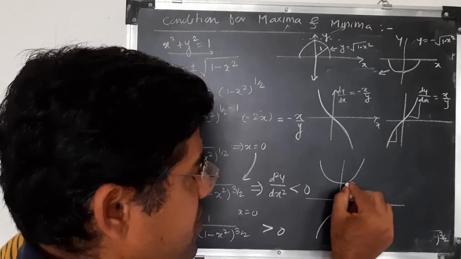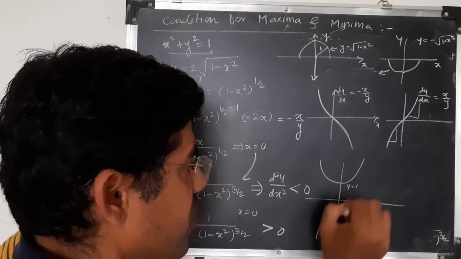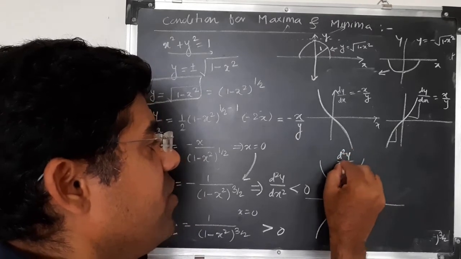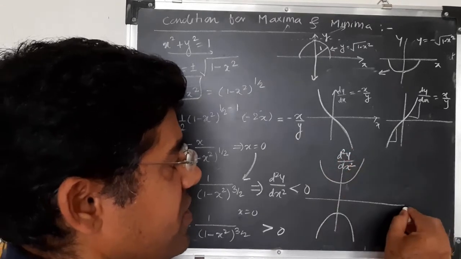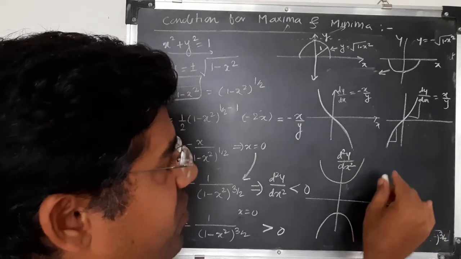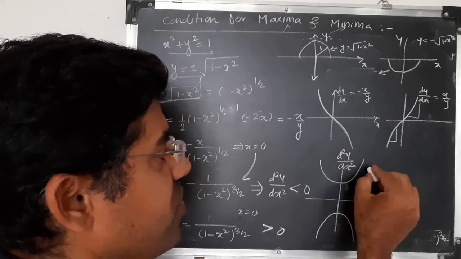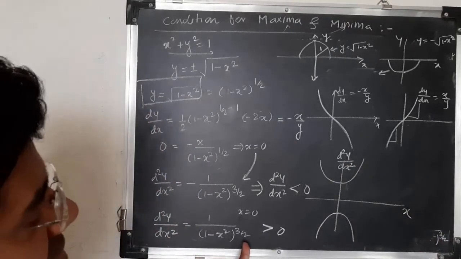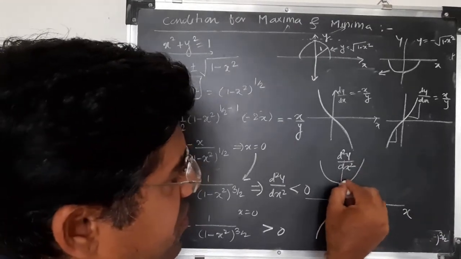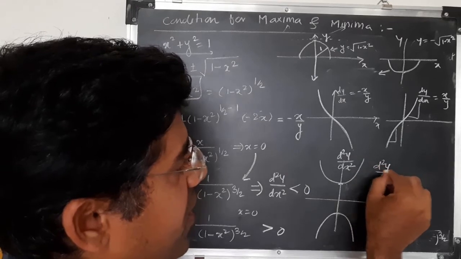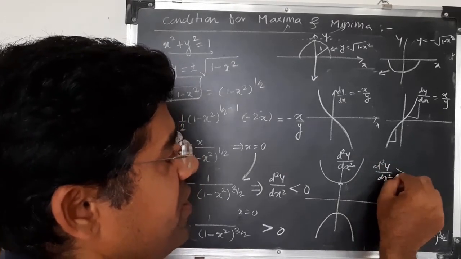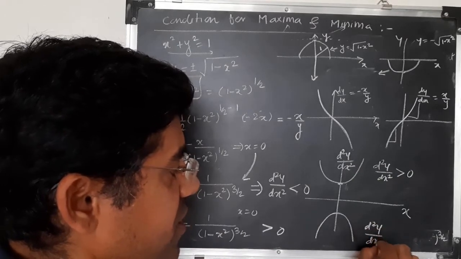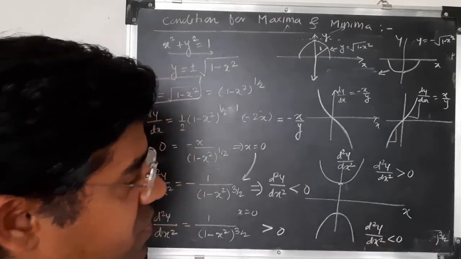Here this is d2y by dx square, this is your x. Here d2y by dx square is greater than 0 and here d2y by dx square is less than 0.